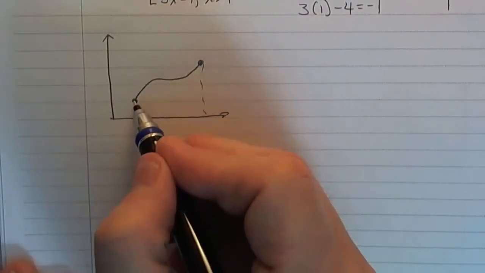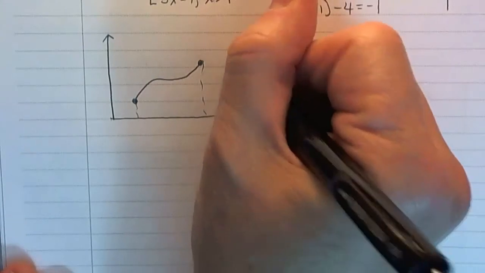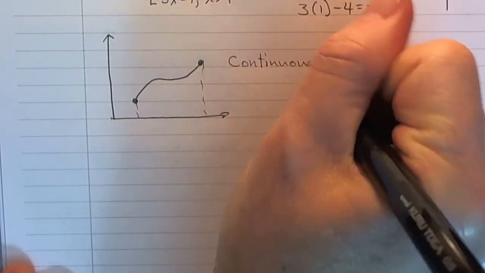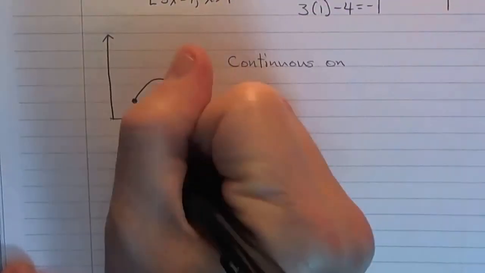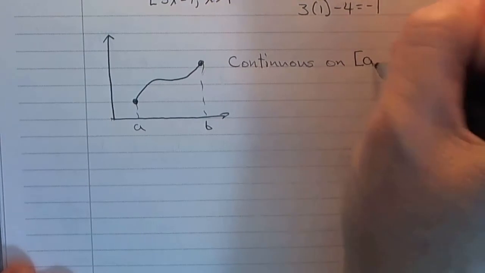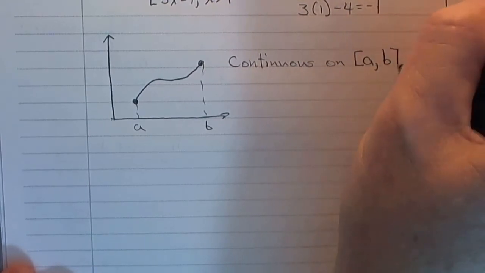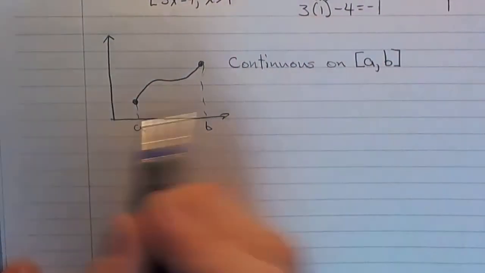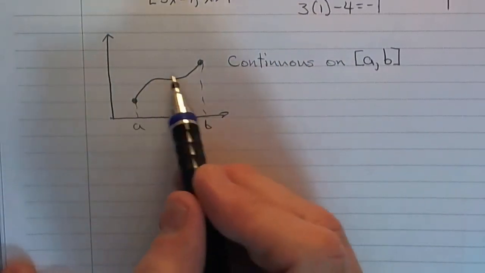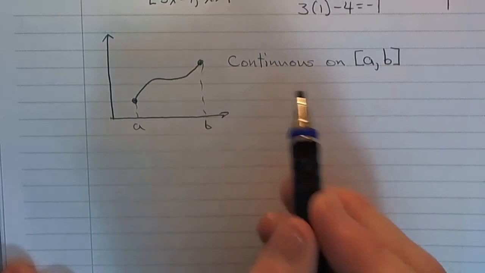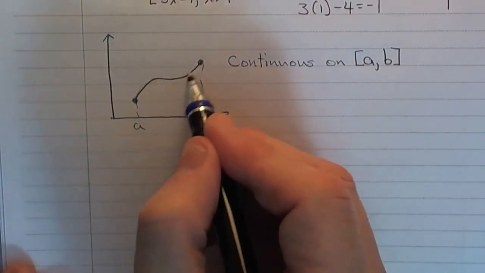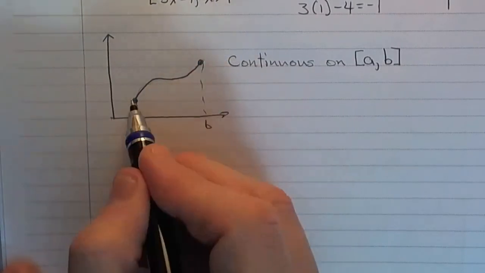So we've got this function that's continuous on this entire interval from a to b. This is a closed interval, meaning it includes a. So this is continuous on this whole closed interval. That means it's continuous everywhere in here, plus at the endpoints.